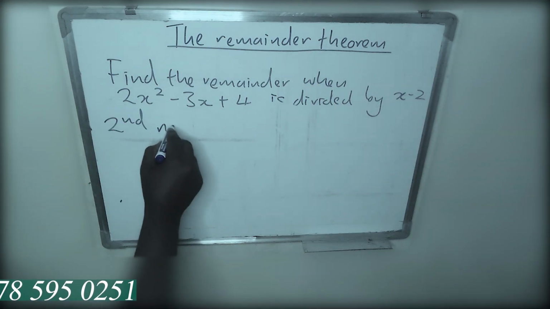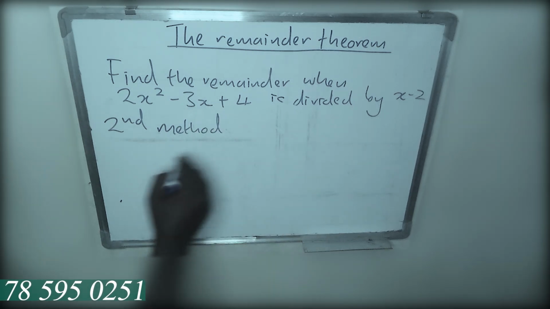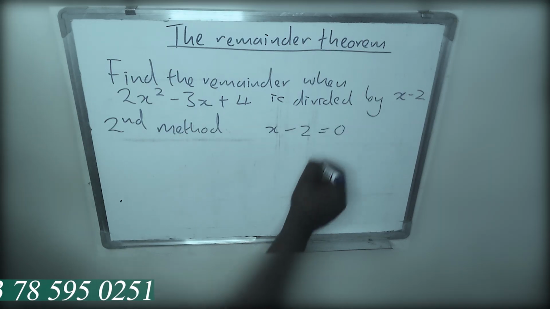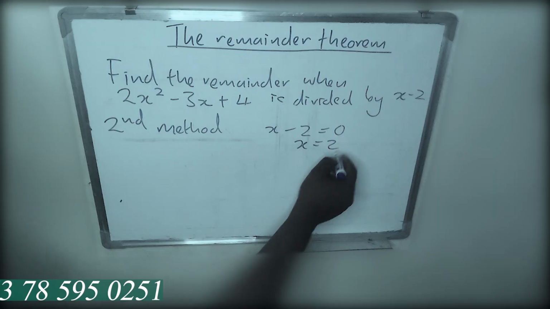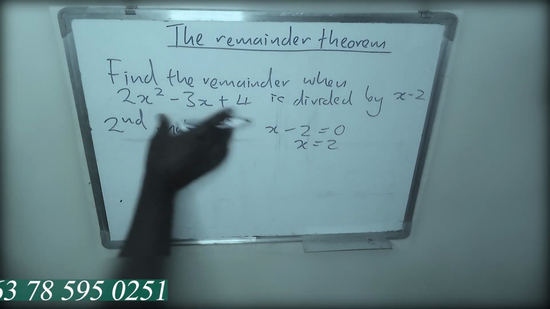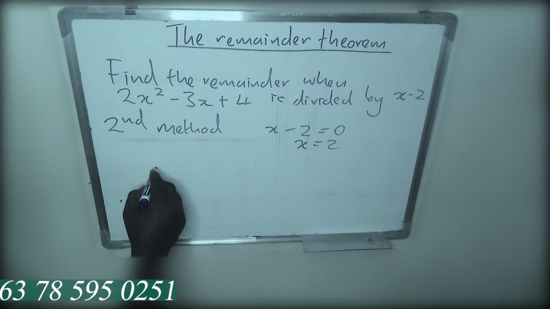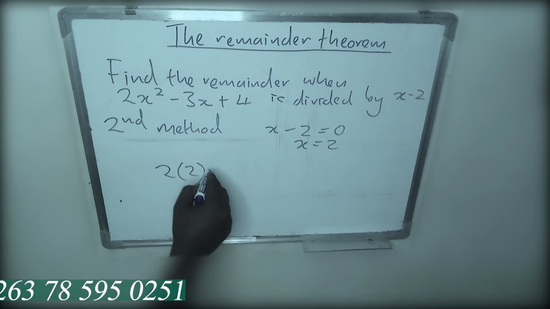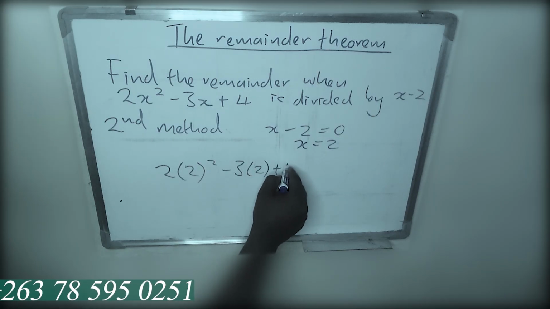In the second method, if you have x minus 2 equal to 0, you find the root, which is x equals 2. In this polynomial, where there is x, you put 2: 2 times 2 squared minus 3 times 2 plus 4.